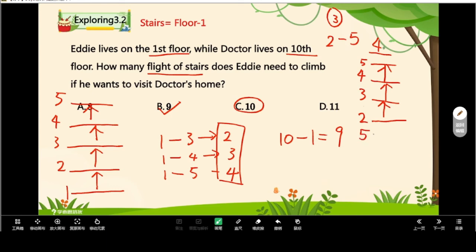That is 5 minus 2 equals 3. So remember this, if we are not starting from the 1st floor, we need to use the larger number minus the smaller number to get the number of stairs. Okay, so I assume that you have already understood this, and we are going to continue to the next question.